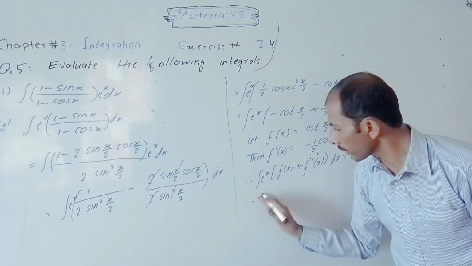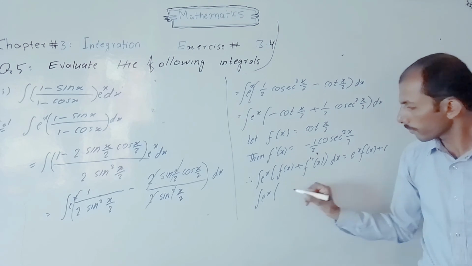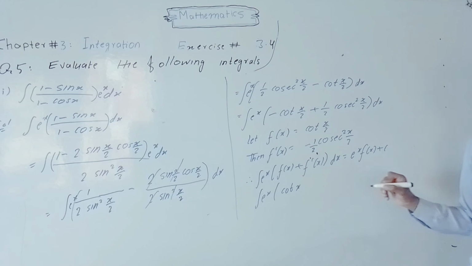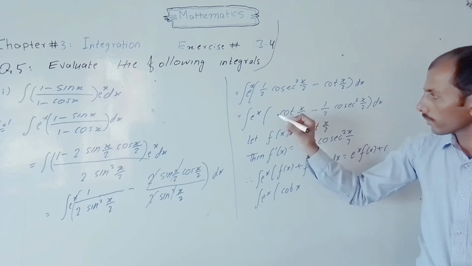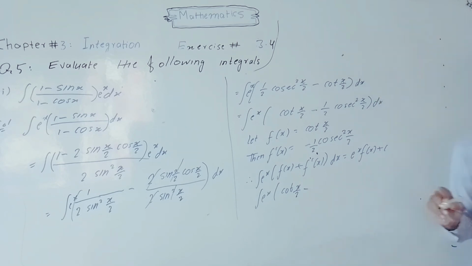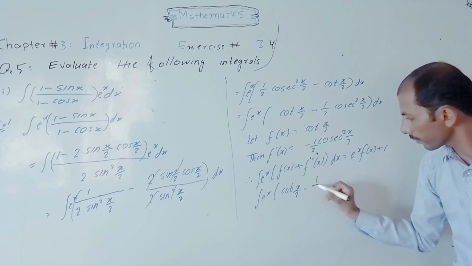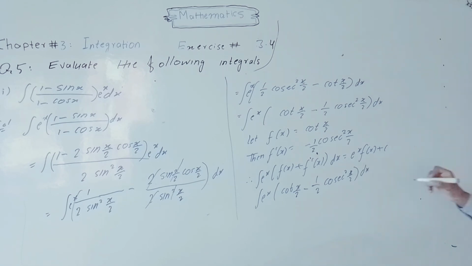By putting the value, integral e power x into (f of x is equal to minus cot x divided by 2 plus f prime of x is equal to 1 divided by 2 cosecant square x divided by 2) into dx is equal to e power x f of x, so f of x is equal to minus cot x over 2, plus c, which is the required solution.